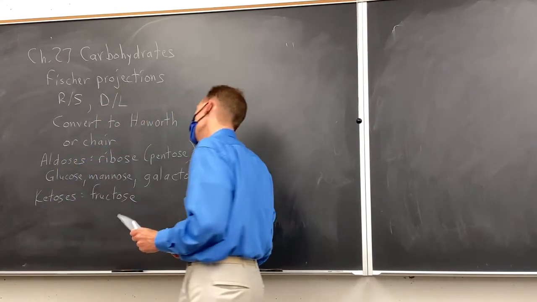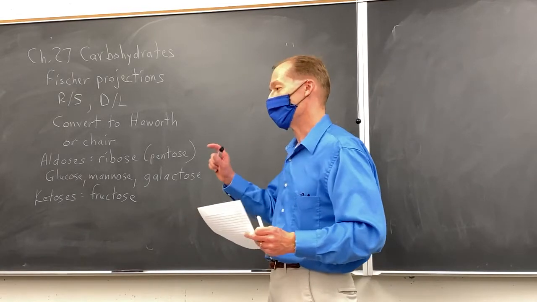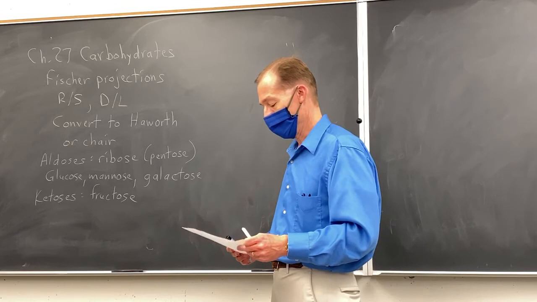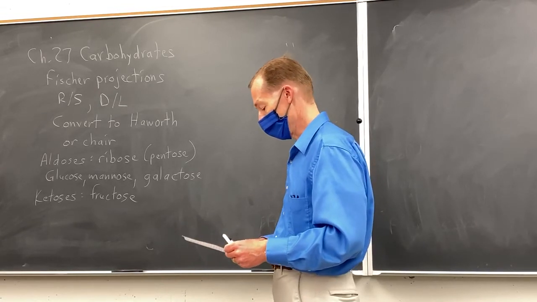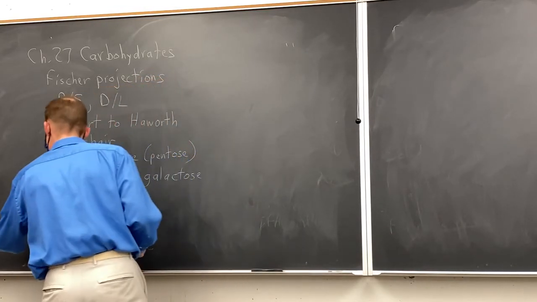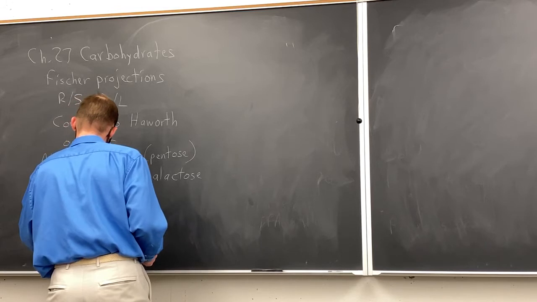And fructose, of course, is related to glucose as well. It has the same configuration at all of its stereocenters that glucose has. So we talked about the cyclic hemiacetal forms of these sugars.